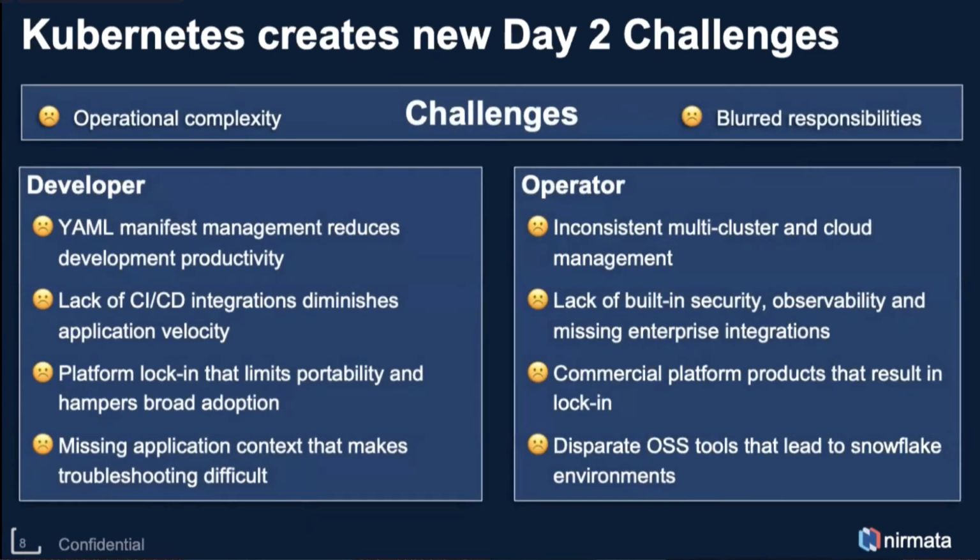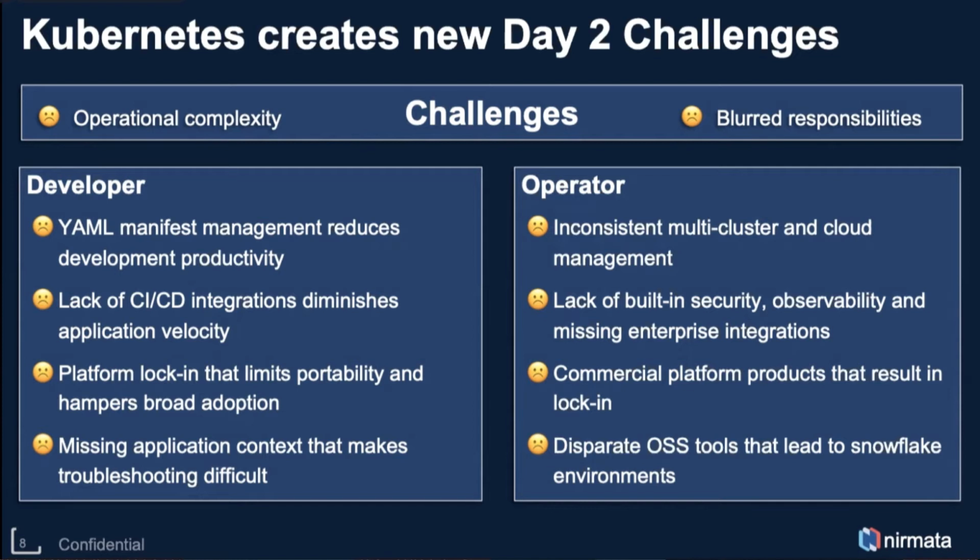So while Kubernetes tends to solve a lot of problems, there are some challenges that are introduced with the adoption of Kubernetes. These challenges tend to be around operational complexity and, in some cases, around the learning curve required to learn and master Kubernetes. Also, sometimes it's not clear who does what when it comes to delivering applications on Kubernetes, so there are blurred responsibilities.